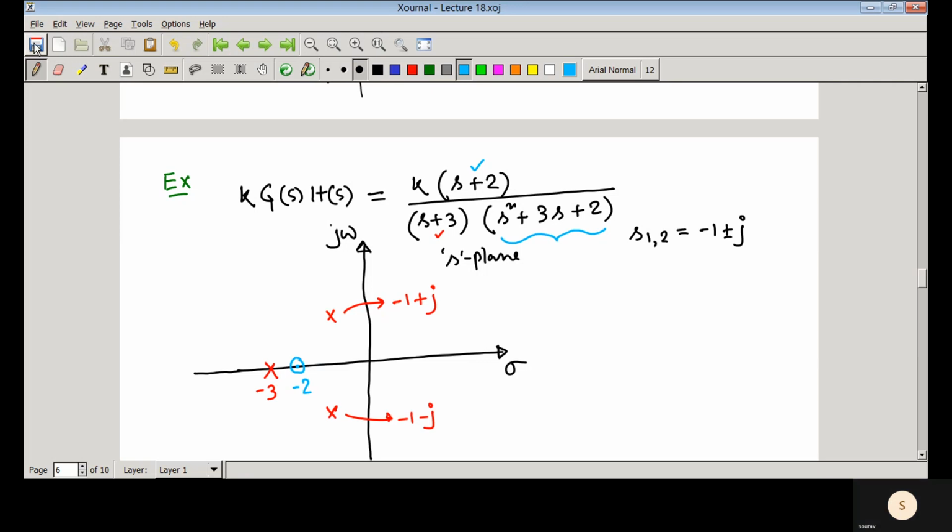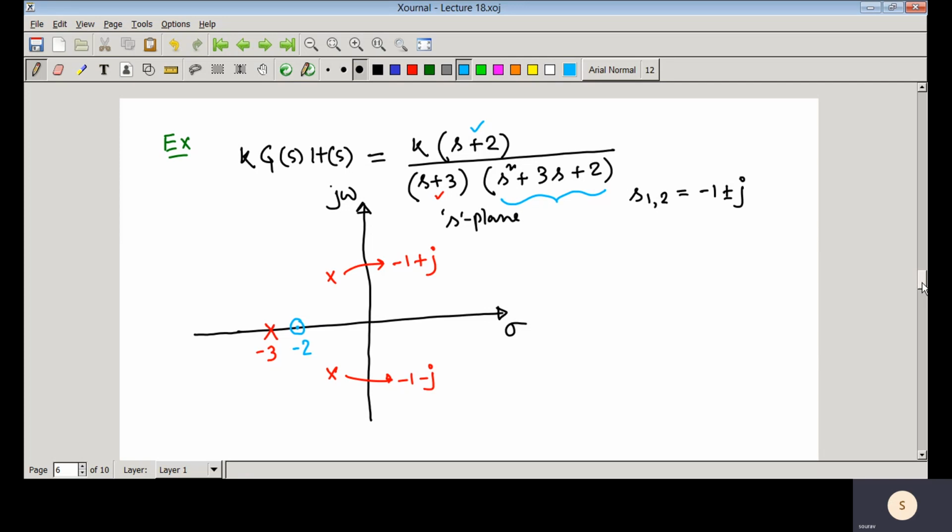So now, as it has open loop complex conjugate poles, that means we need to find out the angle of departure, because at that particular point the root locus starts, and at k equal to 0, the open loop poles would be the closed loop poles.